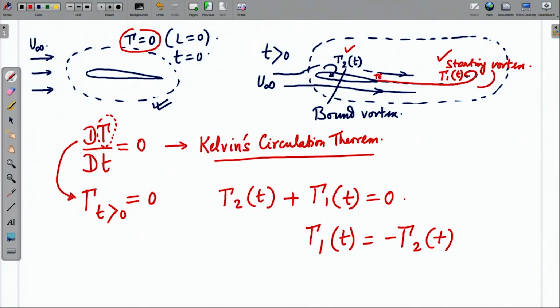So, you see that this is marked counterclockwise, while this is marked clockwise. That is the sense of the rotation.